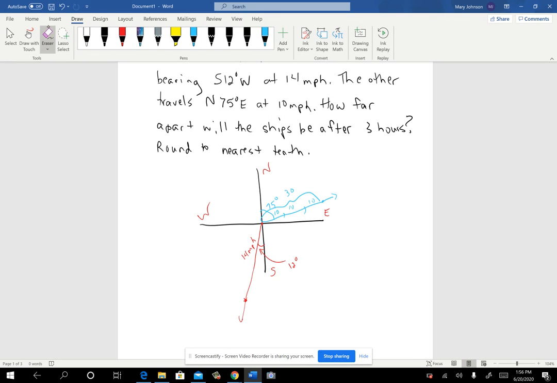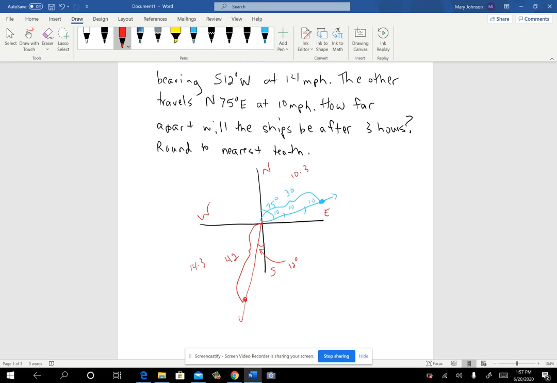And let me erase just the 14. That's 14 every hour, right? So altogether he traveled 42. That's 14 times 3. And the 30 came from taking the 10 times 3. All right, so we've got this guy being here after 3 hours.